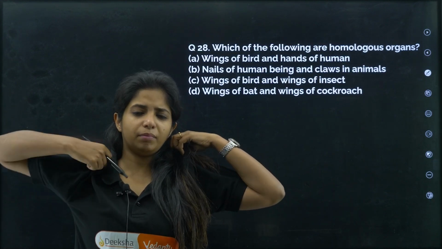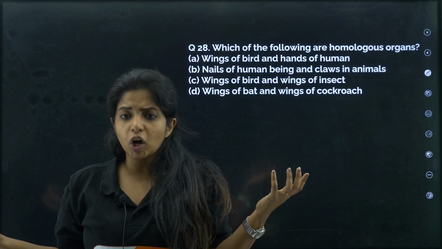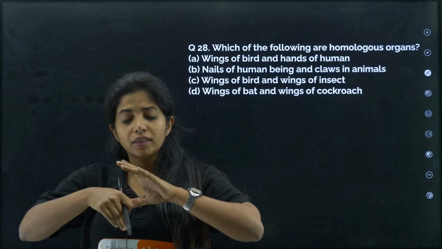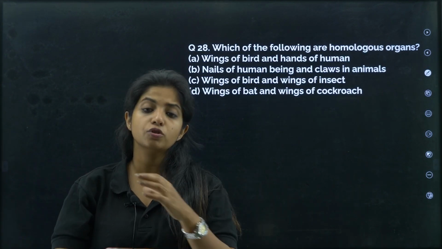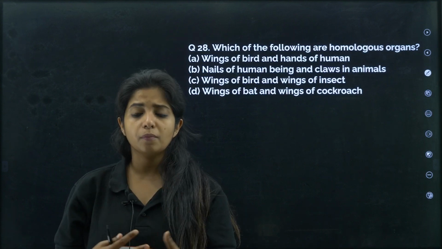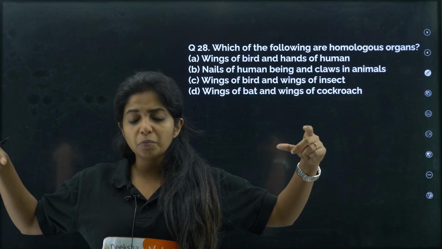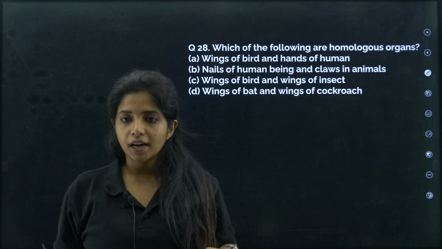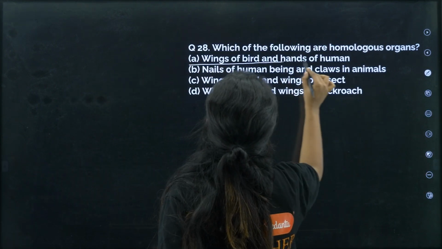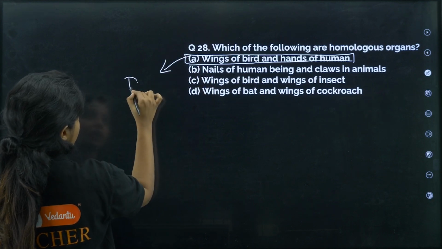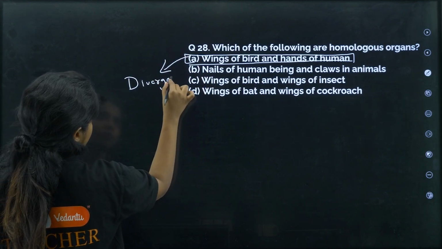Basically, what is common? Their anatomical structure is common. The wings of the bird also have radius, ulna and everything, just like how we have. We also have radius, ulna, metacarpals, carpals and everything. But these things have been evolved differently. For them it might be shorter, for us it might be longer like this. So wings of bird and hands of human are an example of homologous organs, and this is also an example of divergent evolution.